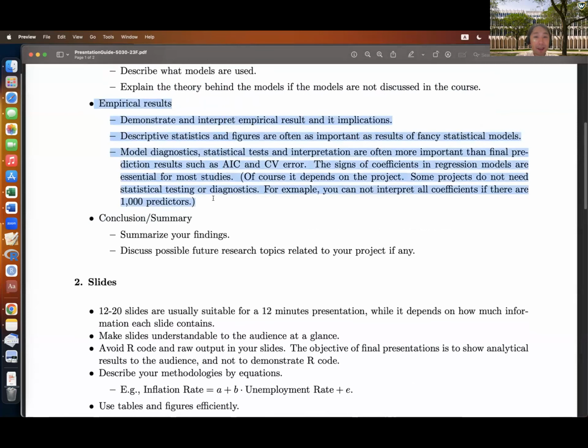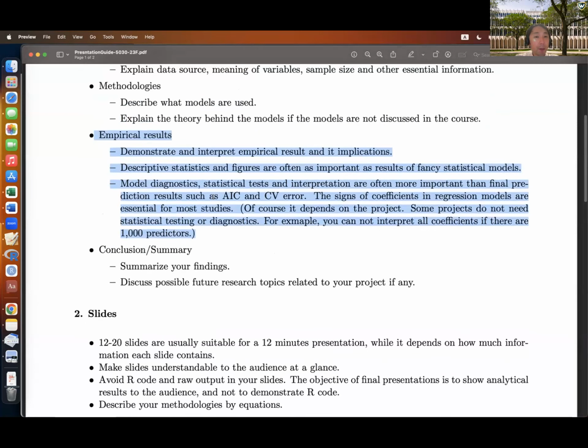And then probably this is the largest portion, the empirical results. Demonstrate and interpret empirical results and their implications. For example, if you do regression, at first interpret the estimate. Suppose the coefficient of x is 2, then what does that mean? Maybe x is age and y is, I don't know, blood pressure.